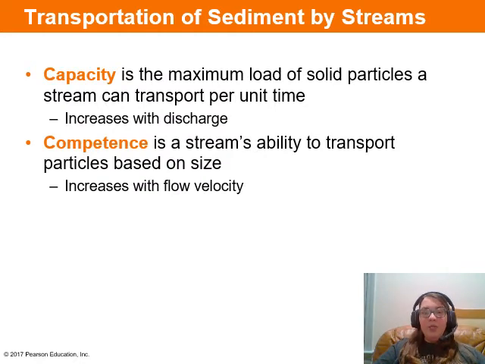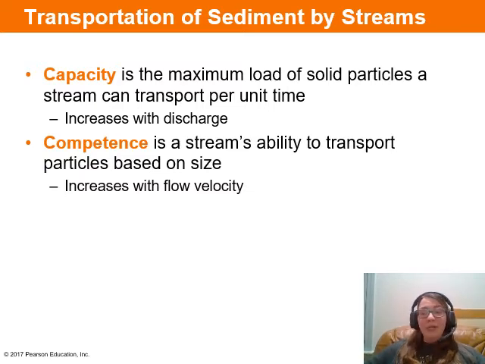So when we look at our streams, there are going to be two important things we need to consider. The first is capacity, and this is just how much sediment the stream can hold, just like I have a capacity for how much weight I can hold. But as we start increasing the discharge, that means that the water has more energy.